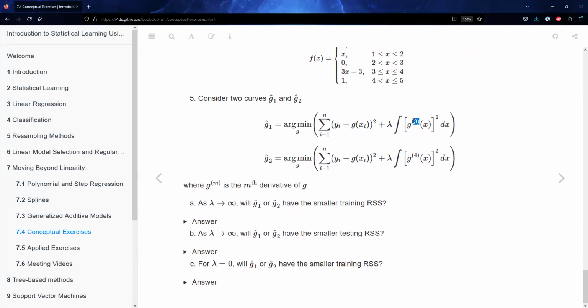G1 is aiming at a 3rd degree polynomial, and G2 is aiming at a 4th degree polynomial. In part A, as we impose more penalization, which one would have the smaller training residual sum of squares, RSS?